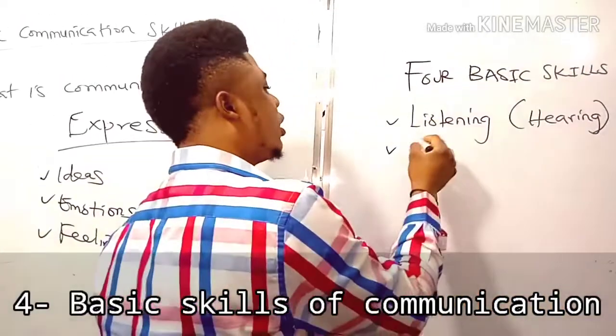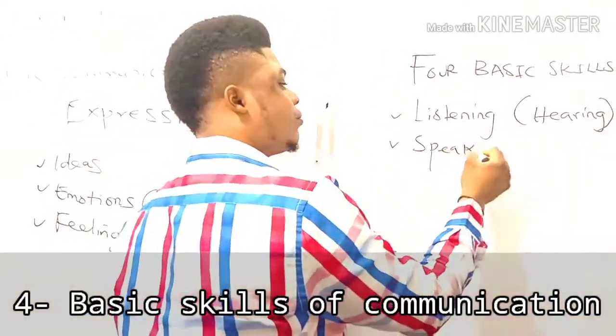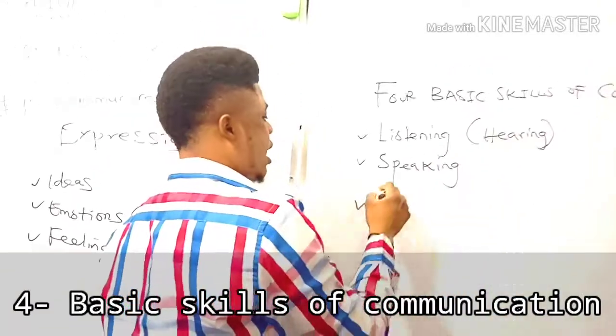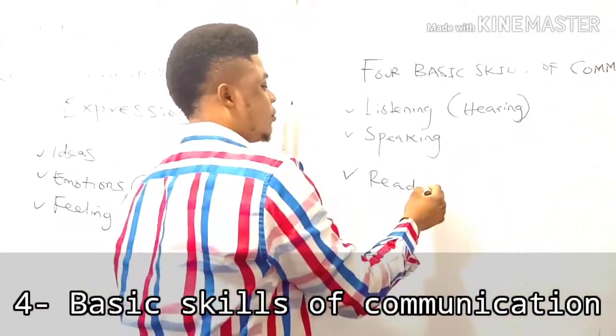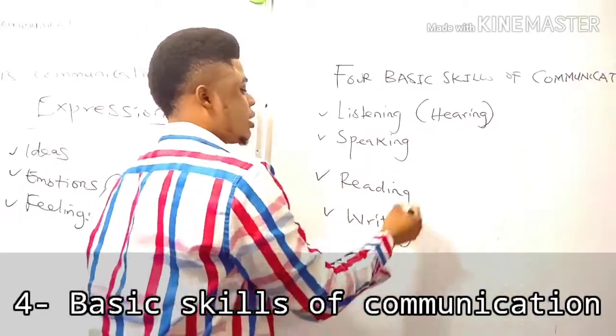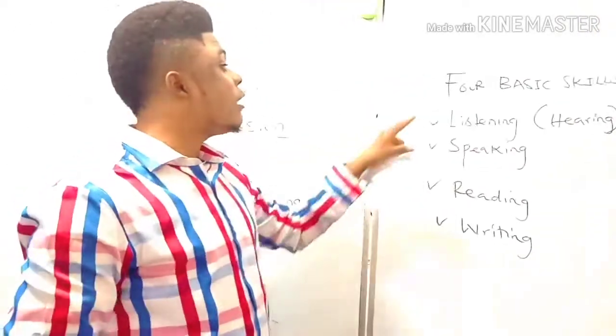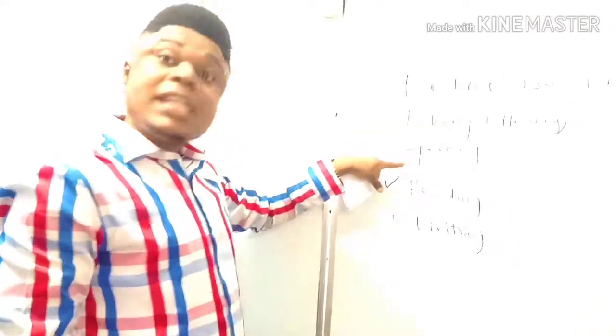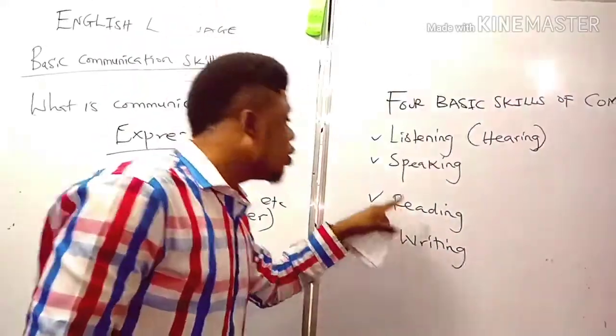We have speaking. We have reading, and we have writing, which is the most advanced. So in communication, we have listening, we have speaking, we have reading, we have writing.